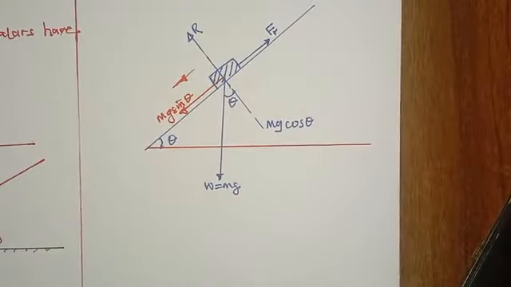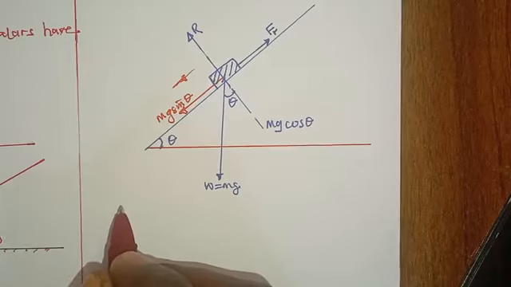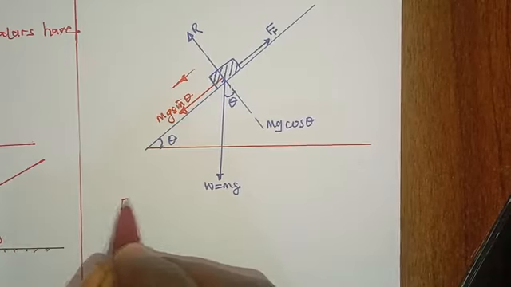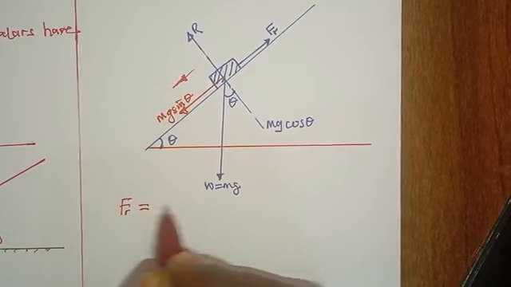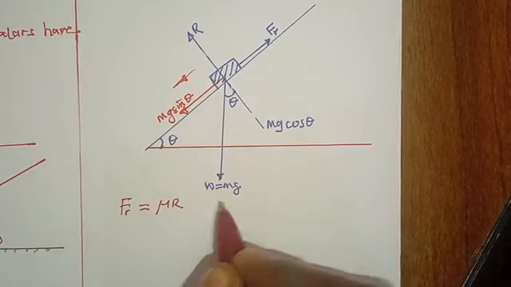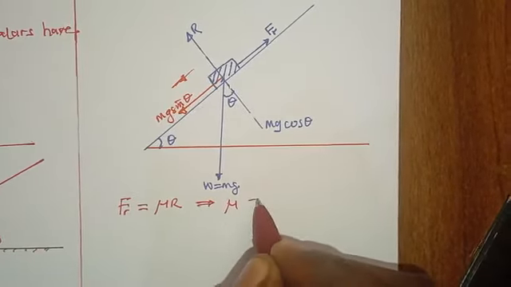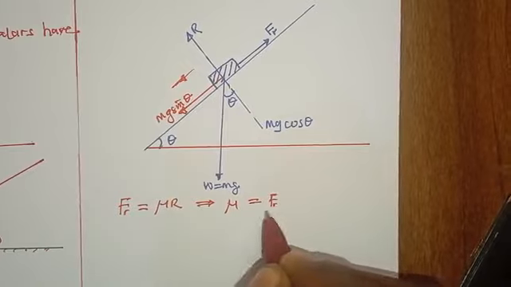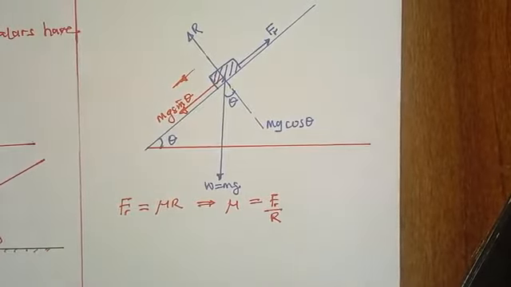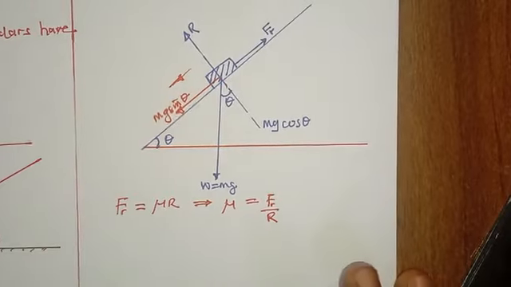As simple as this. So from here, we can now derive another formula. Remember that frictional force is equal to mu R, which implies that mu is equal to F all over normal reaction. Is that correct? Okay.